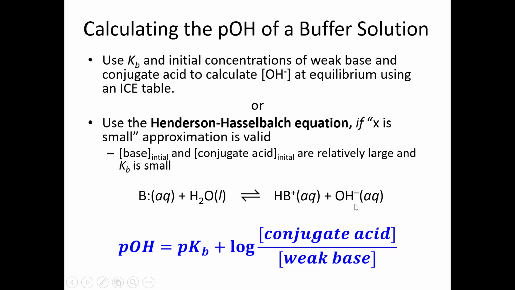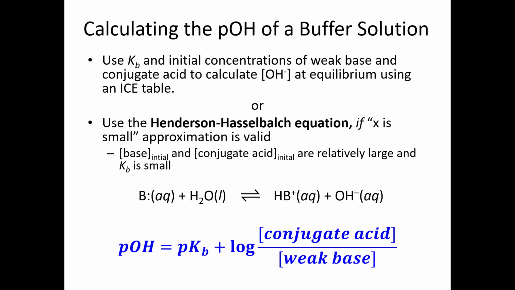I'm not going to go through the same derivation again, but in this case, it's not pH equals pKa, it's pOH equals pKb plus the log of the conjugate acid over the weak base. So it's always the conjugate over the weak component, right?